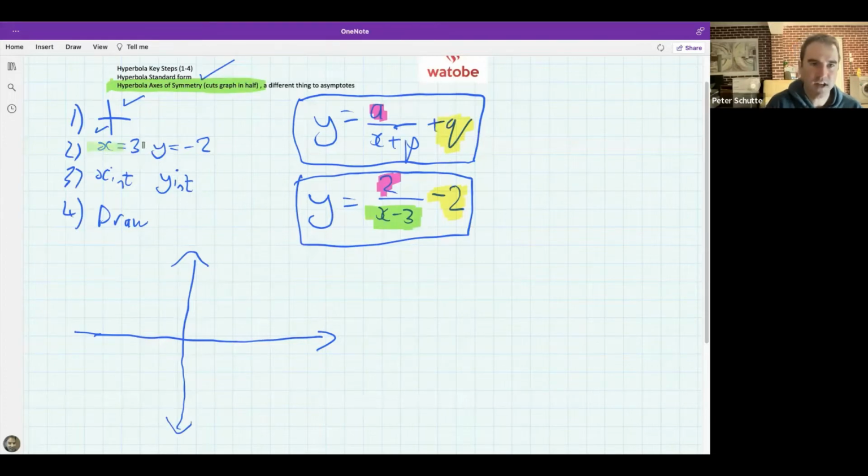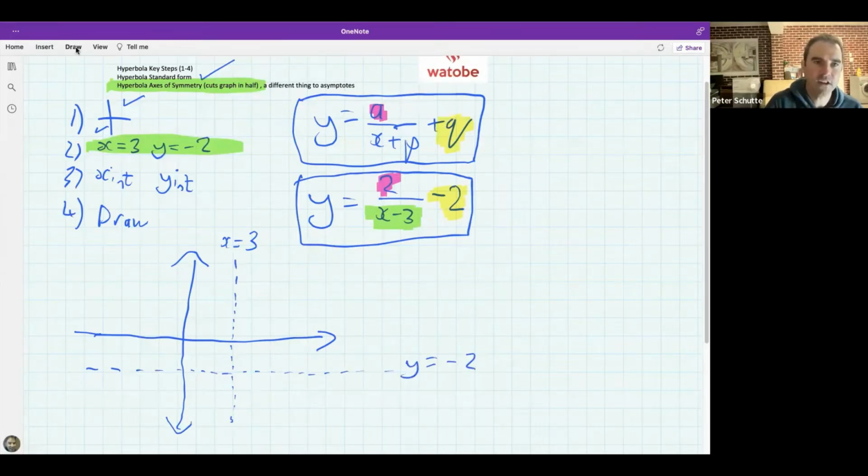I'm just going to draw in this example graph for you quickly. So x = 3 would be like that, and y = -2 would be something like that.